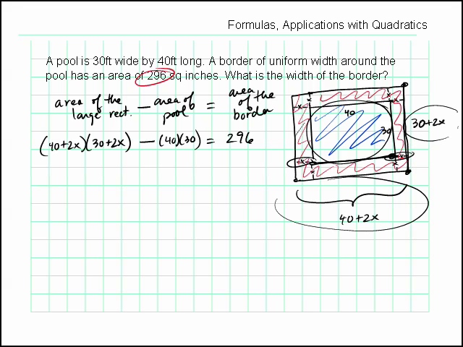In order to do that, I need to FOIL this out right here. So that's 1200 plus 80x plus 60x plus 4x squared minus 1200, and that should equal 296.